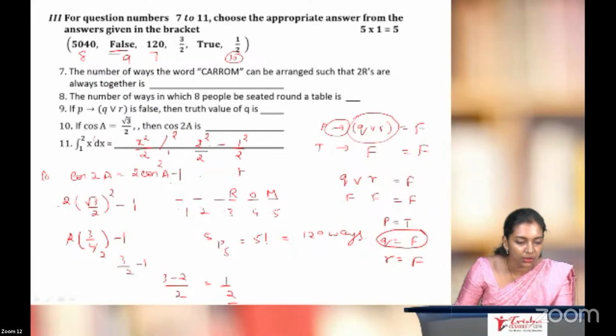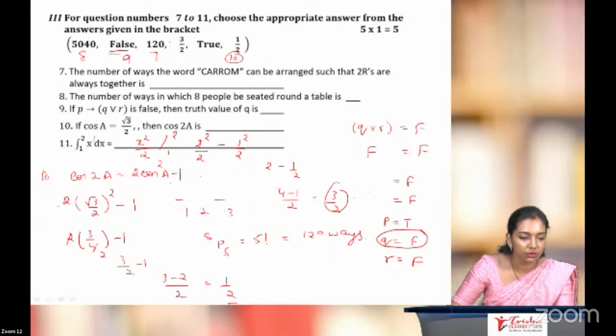What is 4 by 2? 2 minus half, right? So here you have 2 minus 1 by 2, or it is 4 minus 1 by 2, or it is 3 by 2. This is the answer for the 11th one.